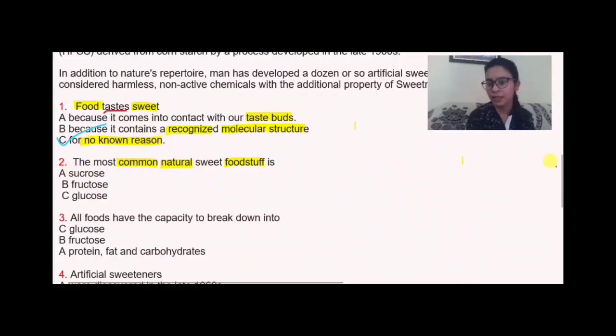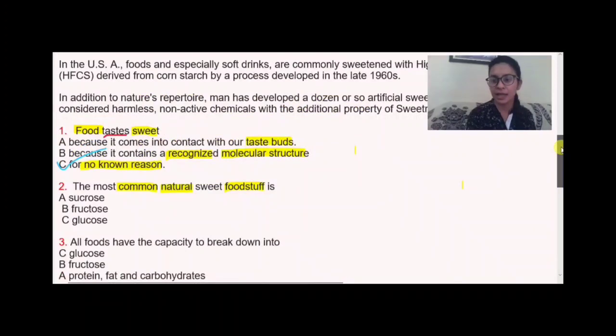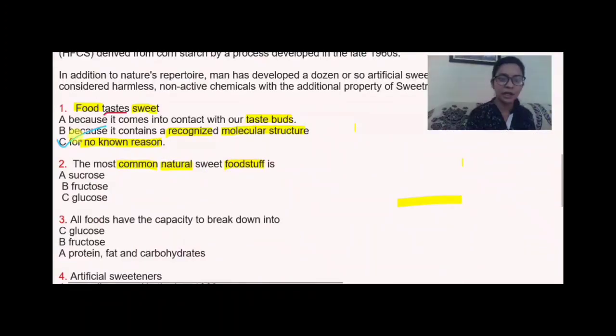Now read the paragraph. They are talking about any sweet foodstuff which is made naturally. They are talking about the common natural sweet foodstuff which we get naturally.